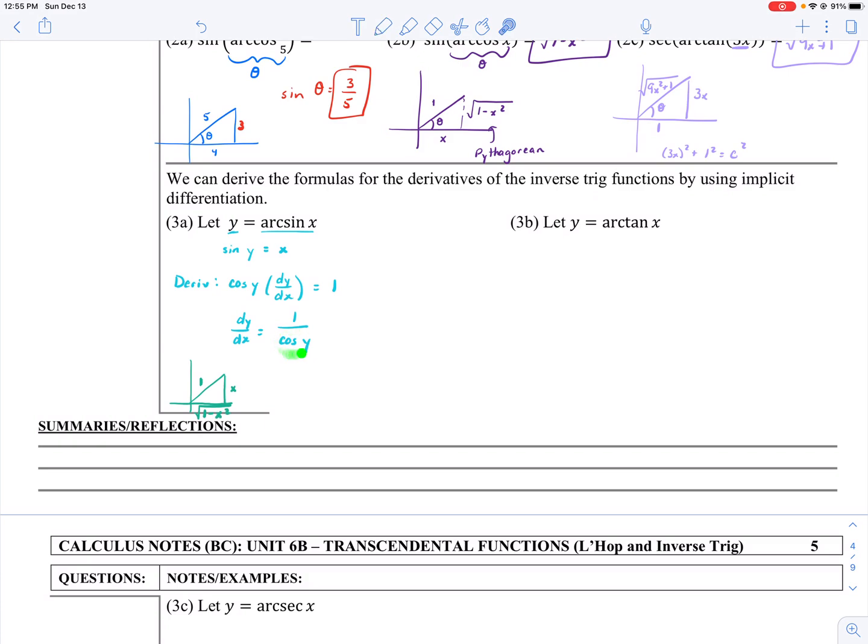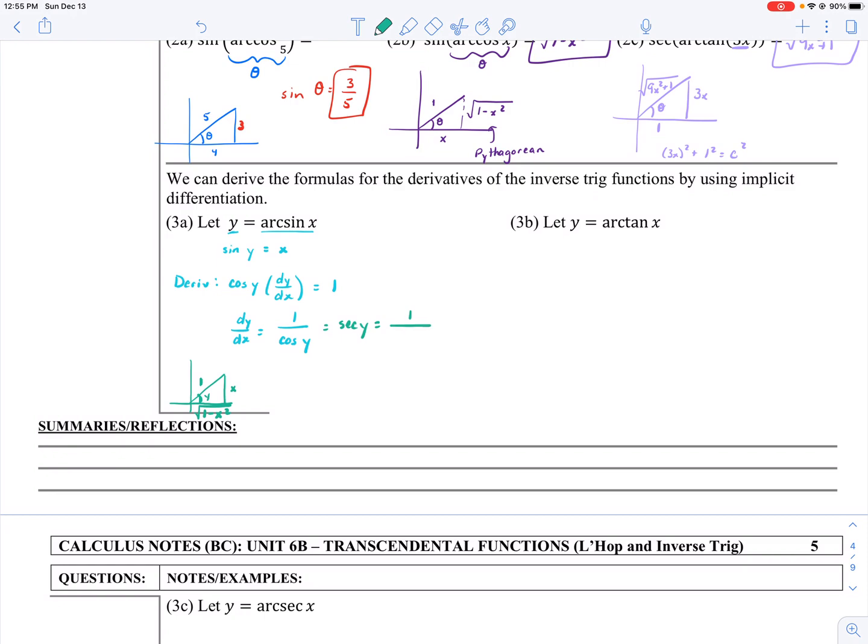So when I do cosine of y, I'm asking for cosine of this angle. So this would end up being 1 divided by cosine of y, or you can rewrite that as secant. And secant of y is going to be the hypotenuse, which is 1, over the adjacent, which is the square root of 1 minus x squared.